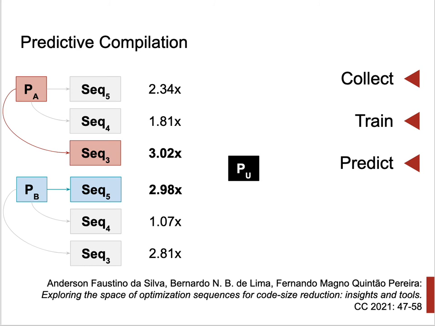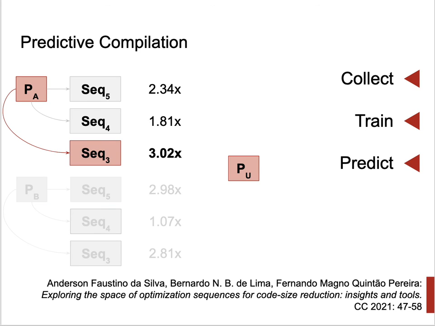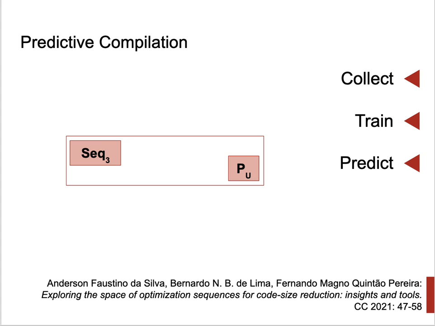So, if we have a program PU, we can check among the programs that we know from training which one is the closest to PU. Maybe that's PA, the program that's the closest to PU. And for PA, we know that we need to optimize it with the sequence of optimizations that's called SAC3, whatever that is. And that's how we will optimize PU.